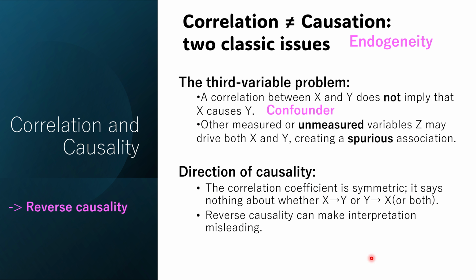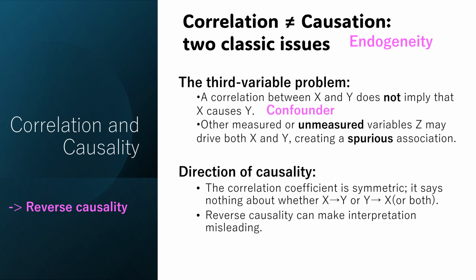Okay, next is one point about correlation and causality. Correlation is not causality. I think you know this meaning, but I want to say this again. For example, there is the classic point: the third variable problem and direction of causality.